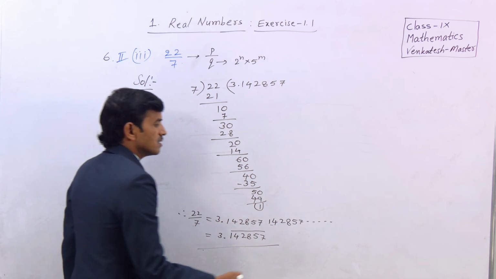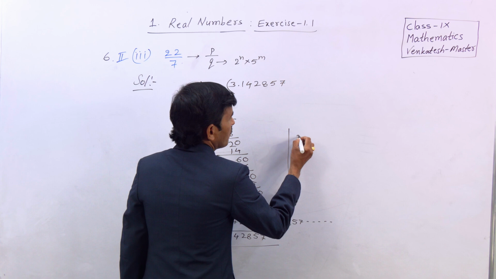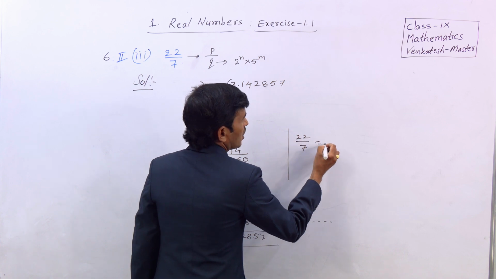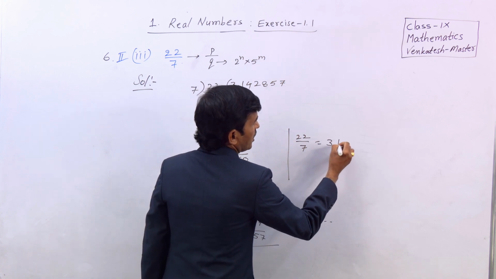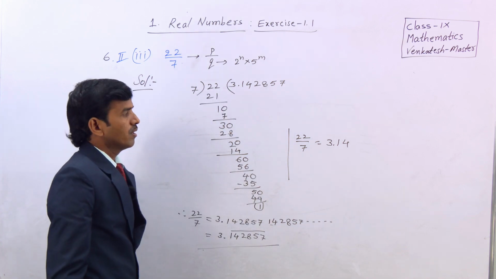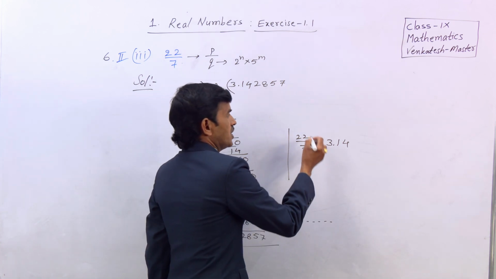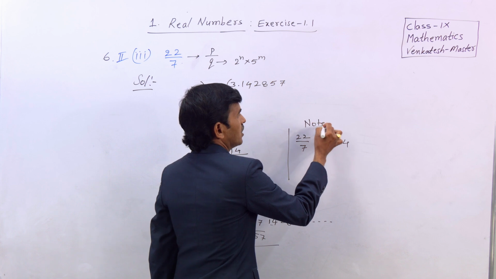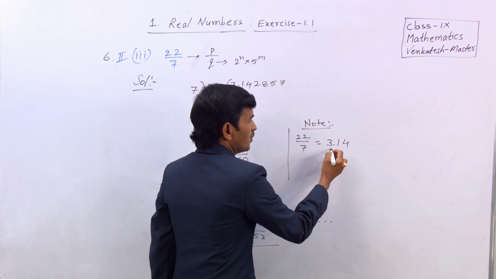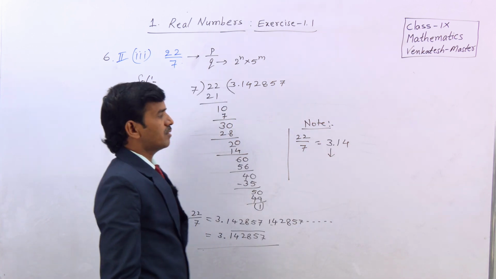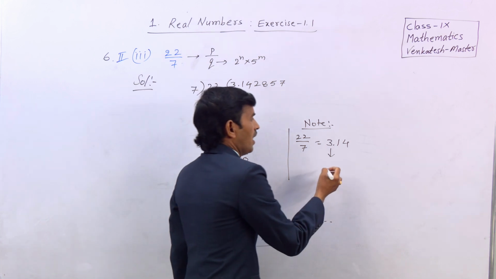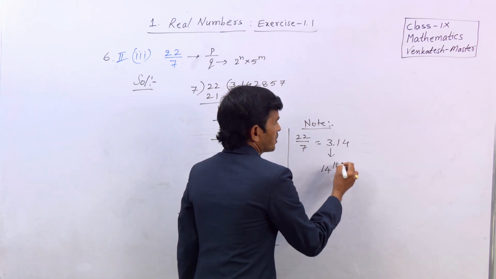Here in this case, sometimes 22 by 7 will be taken in the short format up to 2 decimals, that is 3.14. Just to remember as a note, 3.14 can be treated mathematically as 14th March.